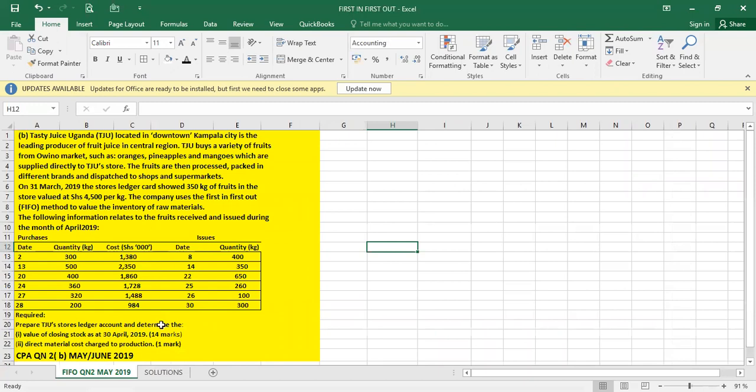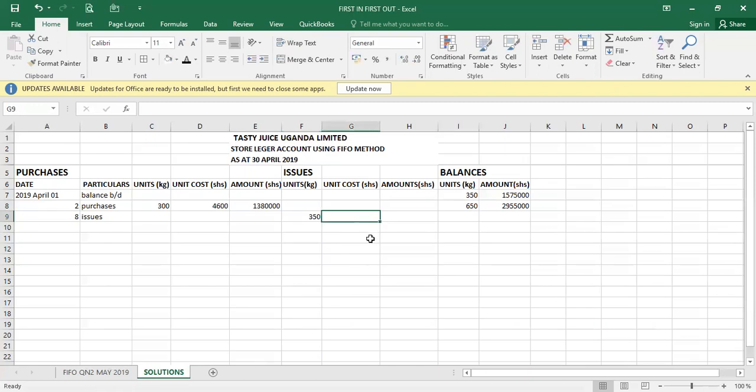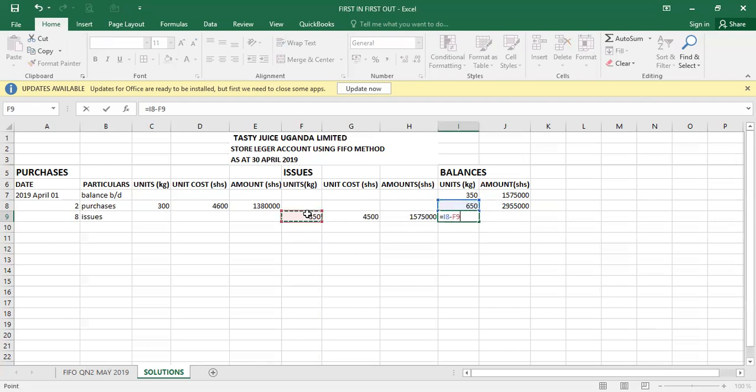They gave us our cost. The unit cost was 4,500. Then the amount is going to be this times this. That will give us that. That will be our cost. Then since we are issuing out, we have to reduce the stock. The stock is going to reduce by what we've given out, minus the 350, which will remain, meaning we shall remain with the 300.